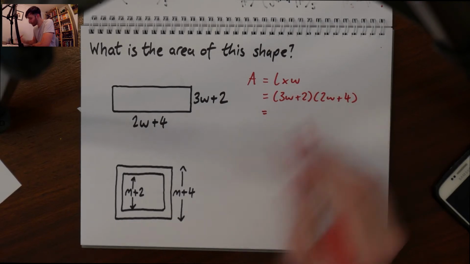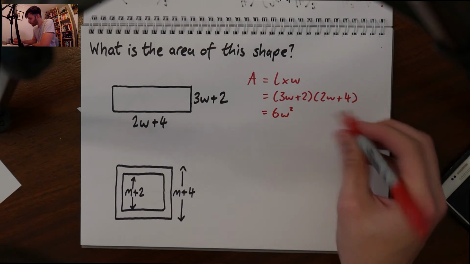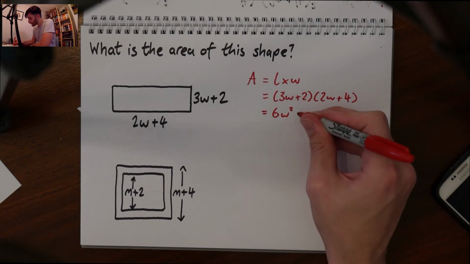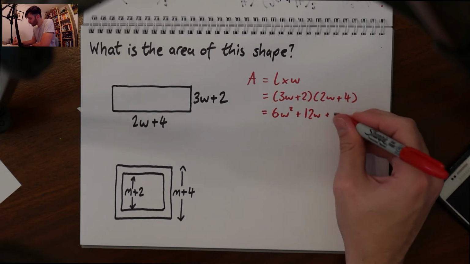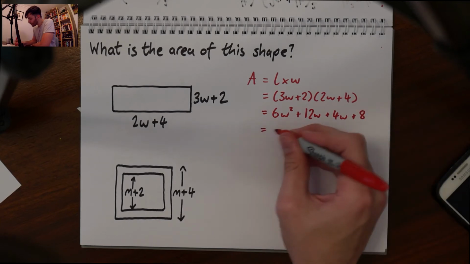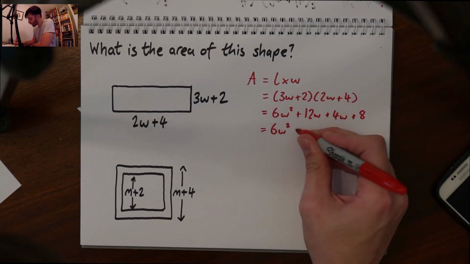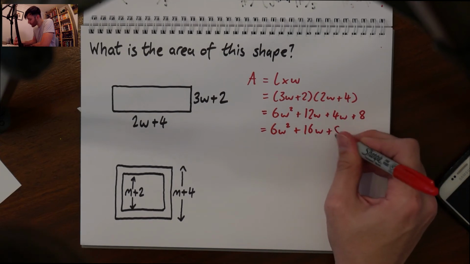Expanding that, 3w times 2w is 6w squared. 3w times 4 is 12w. 2 times 2w is 4w, and 2 times 4 is 8. Simplifying, 6w squared plus 16w plus 8.